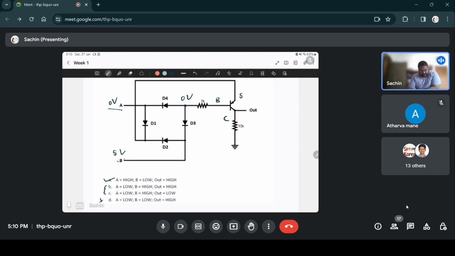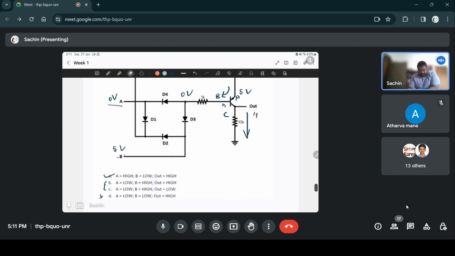So again it's the same situation. There's 5 volts at the P junction, 0 volts at the N junction, so current will start flowing here. Transistor will be on, so current will start flowing through the collector, and it'll be in saturation, so high current will flow here. So all the input that is present at B, all the 5 volts will almost all drop across the 10 kilo ohms, and a small quantity will drop across the PN junction. So output is high again. So the correct answer is option B.